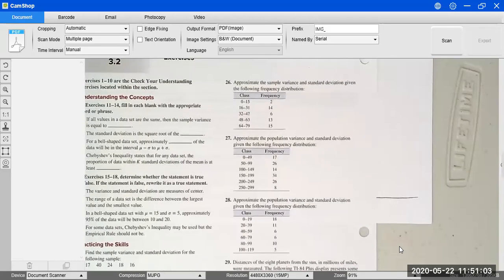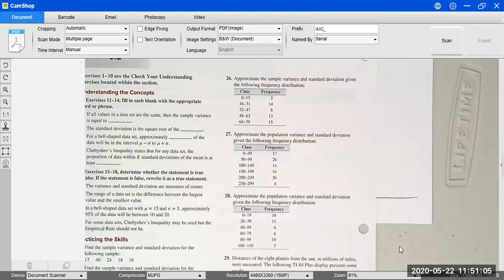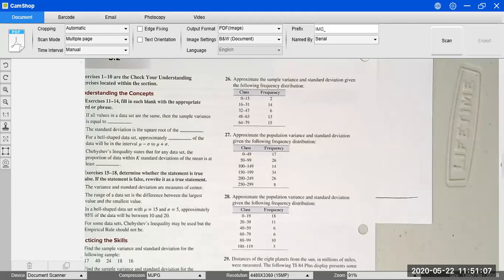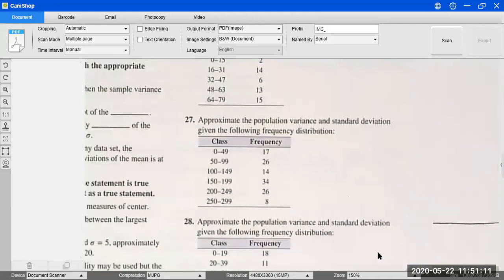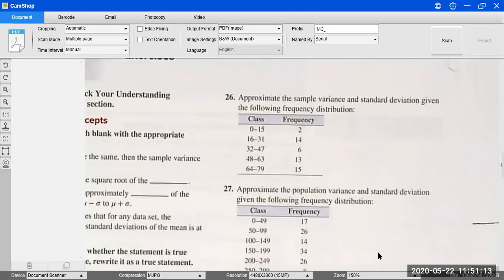You're given a lot of frequency distributions here, so you can play with as many as possible. In problem 26, you're going to approximate the sample variance and the standard deviation given the following frequency distribution. You only have 5 classes, with frequencies 2, 14, 6, 13, and 15.